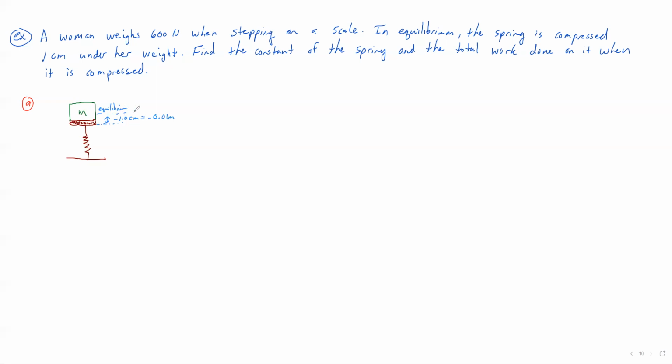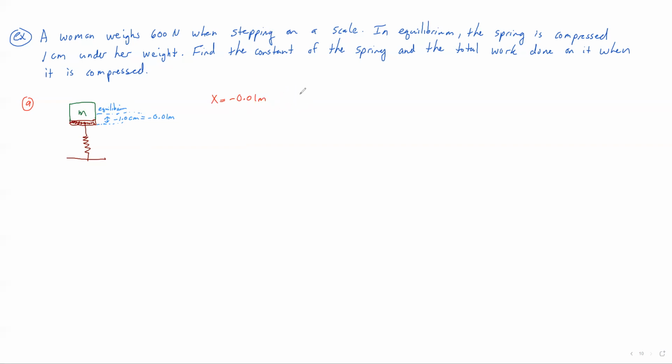So you're compressed from your equilibrium position. All right. So basically, what do we know? We know that x is equal to negative 0.01 meters, right? That's the compression.